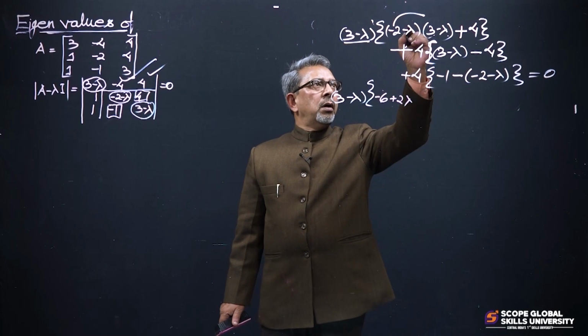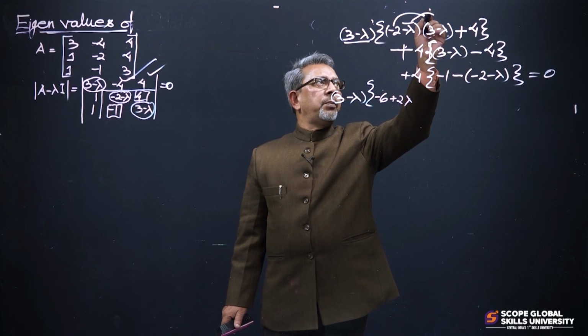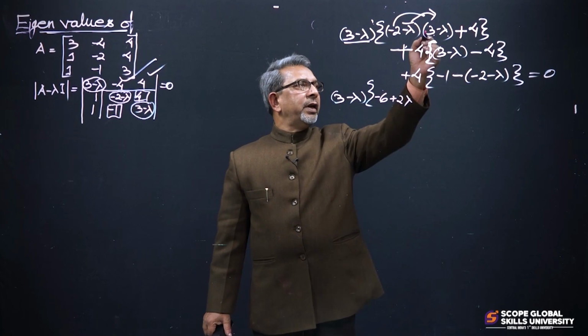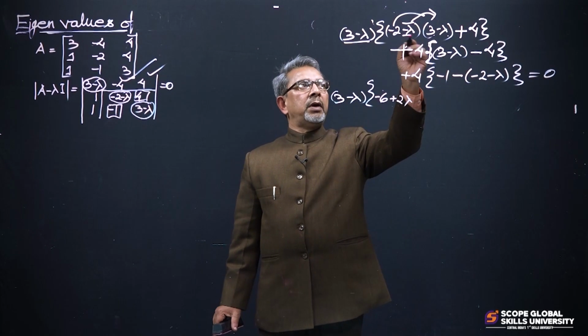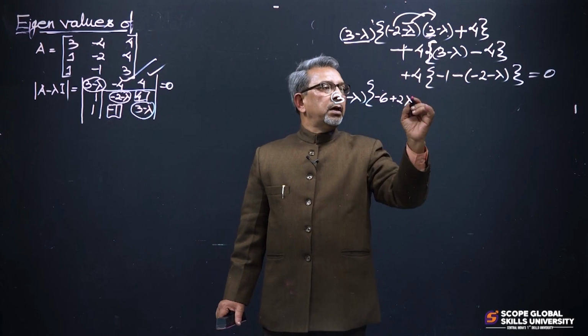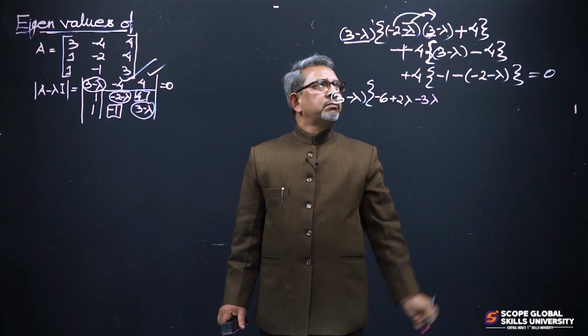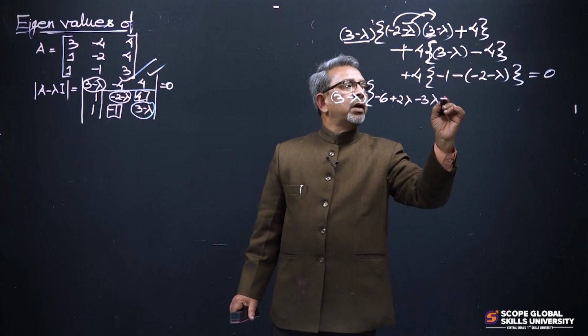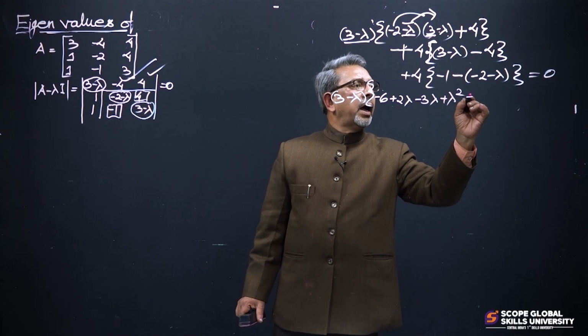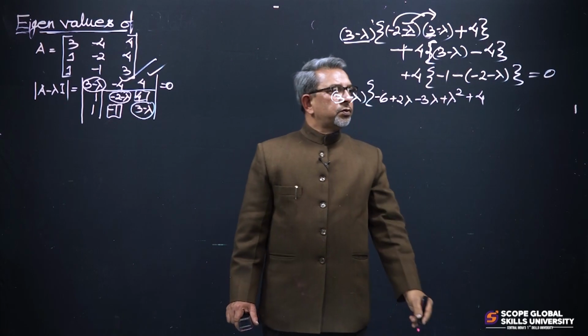Now, minus lambda is to be multiplied with every element of this bracket, meaning minus lambda with 3 is minus 3 lambda, minus lambda multiplied by minus lambda becomes plus lambda square, and the remaining element is 4.